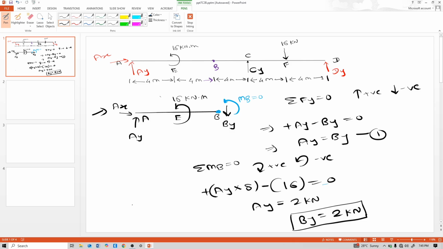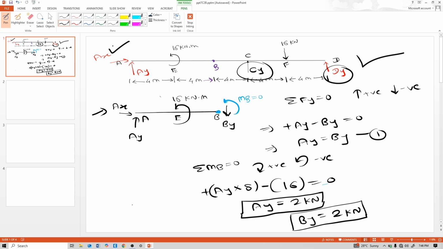Now our objective is complete. We get this AY. With the help of this AY, consider the full beam. Only by using AY, now the unknowns are CY and DY. This AX is equal to 0 because there is no horizontal force, that's why AX is not considered.